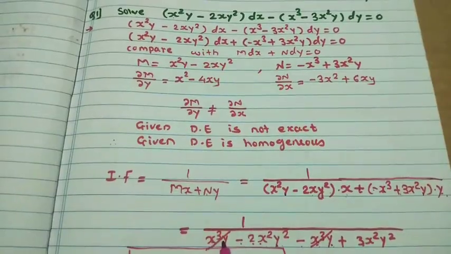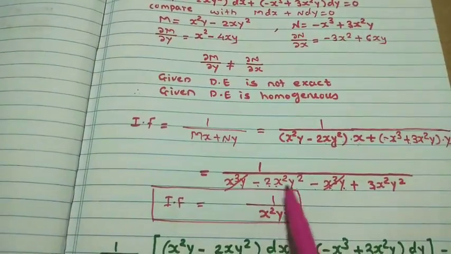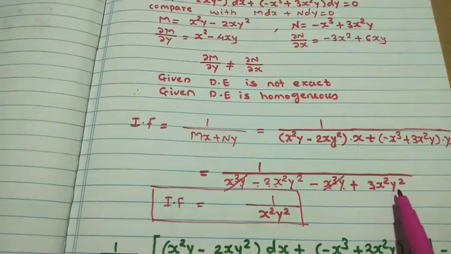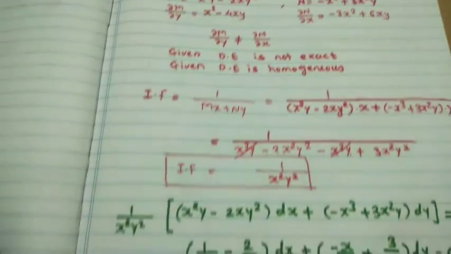Here x cube y minus x cube y cancel, leaving minus 2x square y square plus 3x square y square, which is x square y square in the denominator. So the integrating factor is 1 upon x square y square.